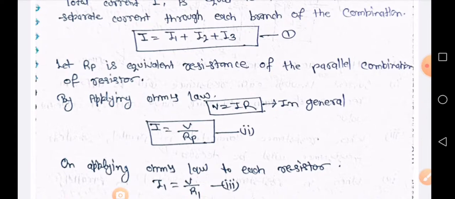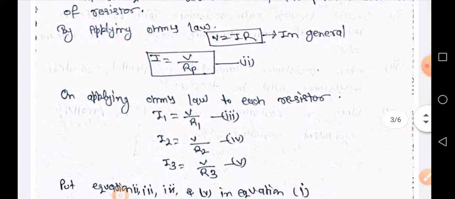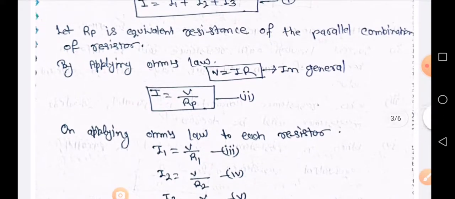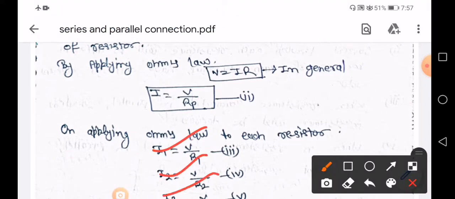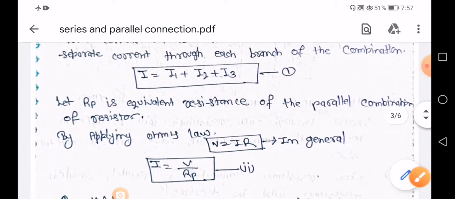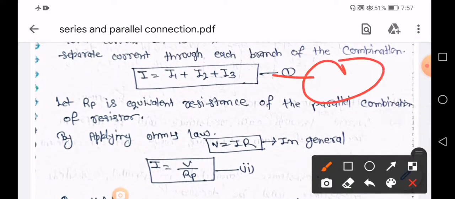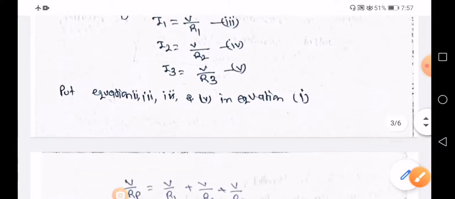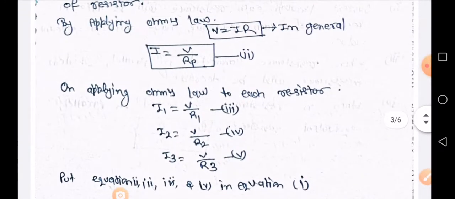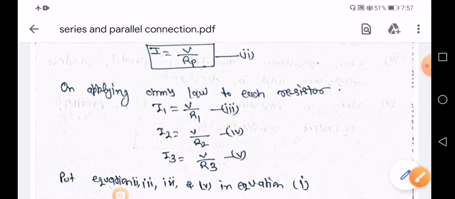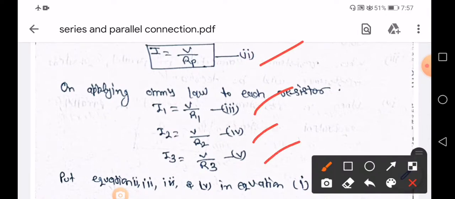We find the current across R1, R2 and R3. Since the voltage is the same in a parallel connection, I1 is equal to V upon R1, I2 is equal to V upon R2, and I3 is equal to V upon R3. Now we put the values of I1, I2 and I3 in equation 1, and you get this.